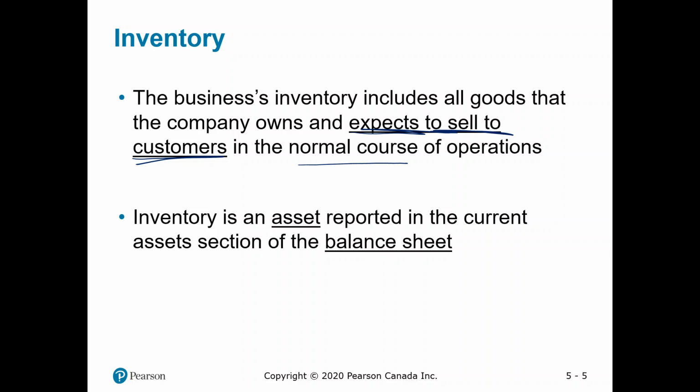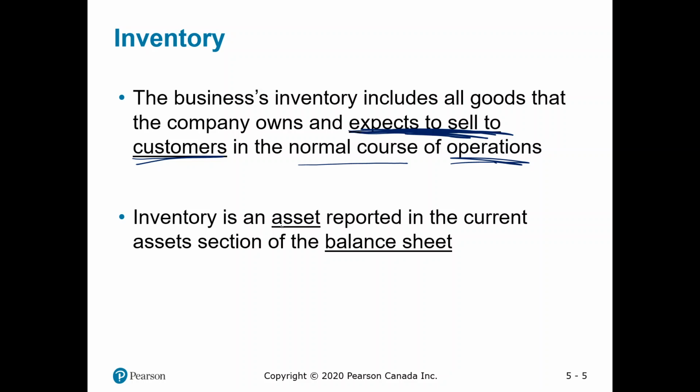So supplies is not inventory because we don't expect to sell it. We instead expect to use it up within the company. So we're going to use it in our operations, but we're not going to sell it. Inventory is something that you're going to sell. So that is why the company has the operations to sell these goods in order to make revenue.